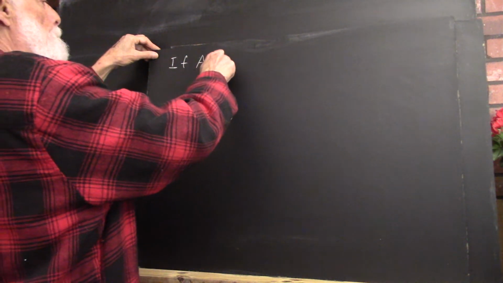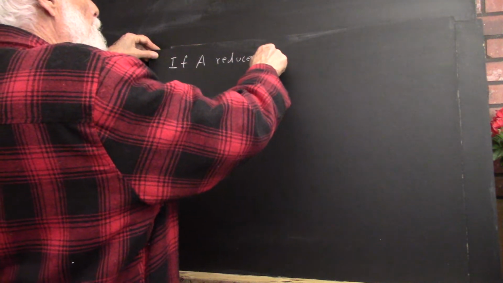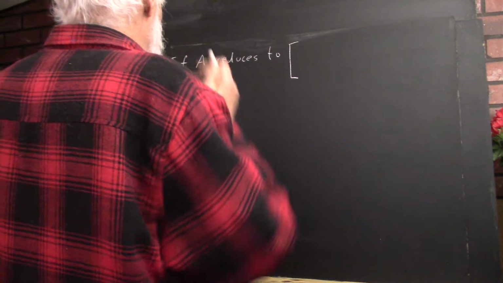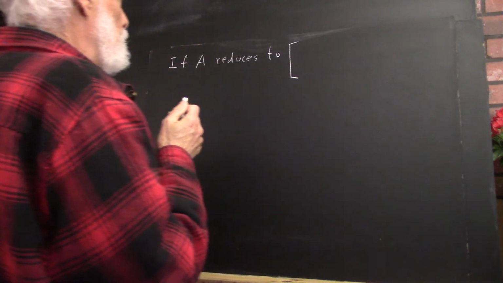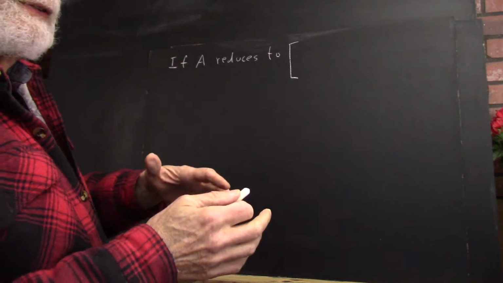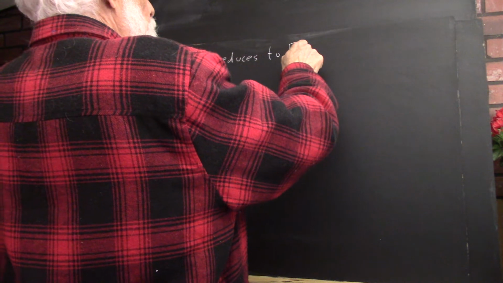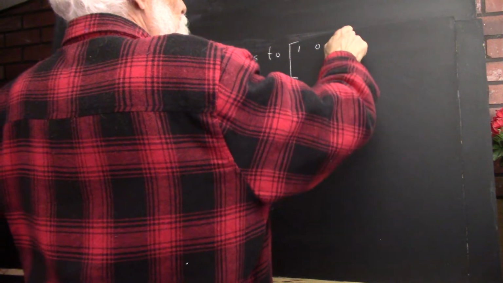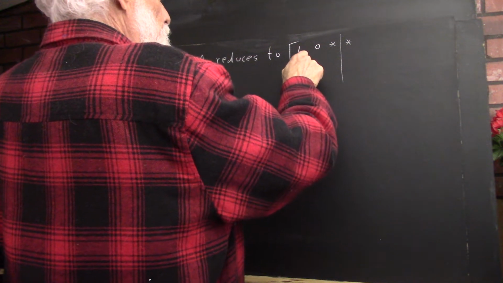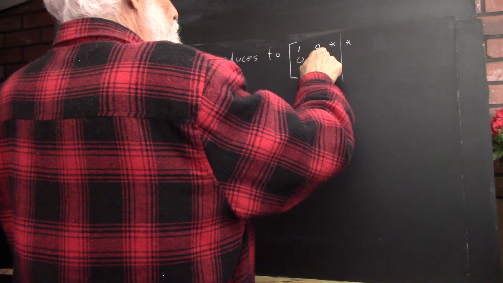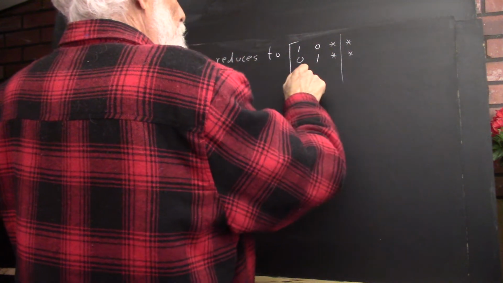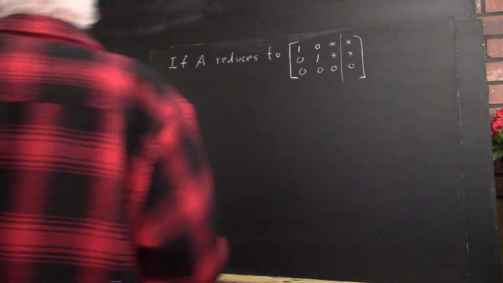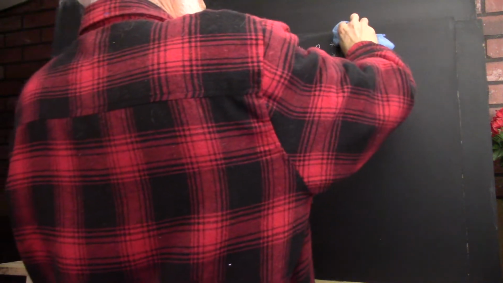If the matrix A reduces to, and I didn't mention this is going to be a matrix in 3 dimensions, okay, if this matrix reduces to, let's say, 1, 0, some number here, 0, 1, another number, and 0, 0, 0, and actually I've written an augmented matrix, and I just meant to reduce the matrix A.